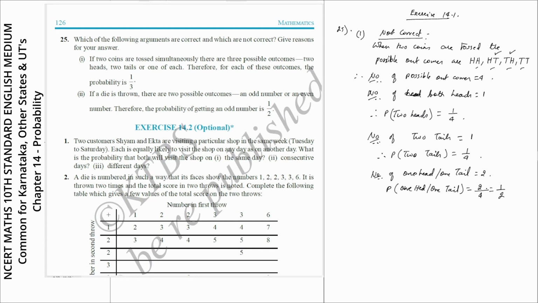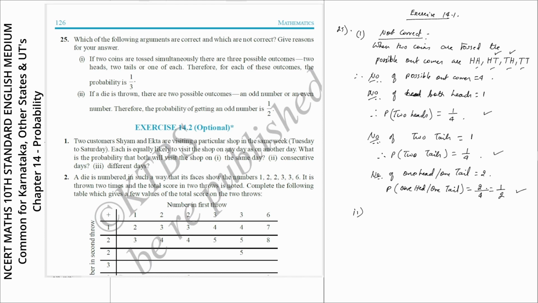In the question they gave the probability of getting 2 heads as 1 by 3, the probability of getting 2 tails as 1 by 3, and the probability of getting 1 head and 1 tail as 1 by 3. But it is not correct. The actual probability for 2 heads is 1 by 4, for 2 tails it is 1 by 4, and for 1 head and 1 tail it is 1 by 2.